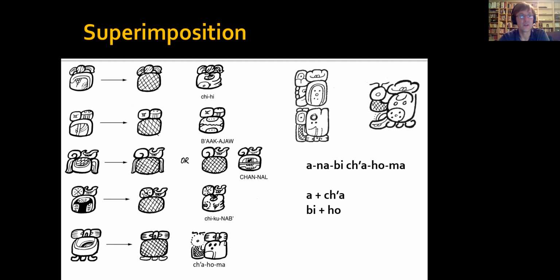How, chi, nal, nab, ma, signs which are commonly covered in part by other signs, creating these combinations. Of course, that homanab example is an extreme case of superimpositions when signs literally cover half each other to form a combination of 6 letters to spell anabi chahoma.